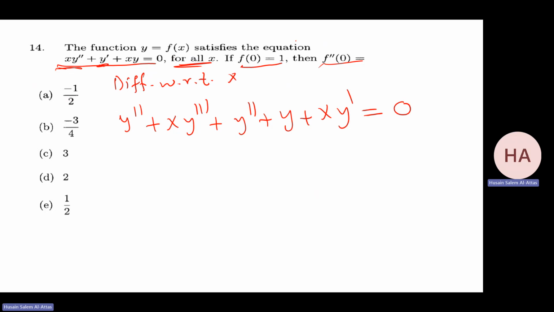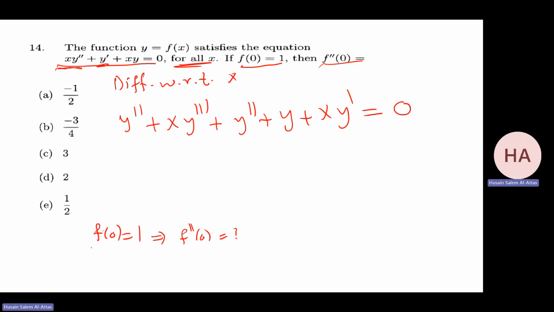I know that f of 0 equals 1. When f of 0 equals 1, I need to find f double prime at 0.